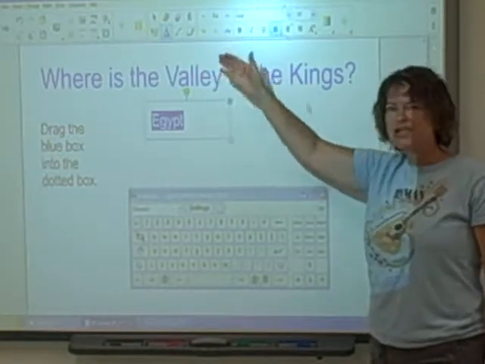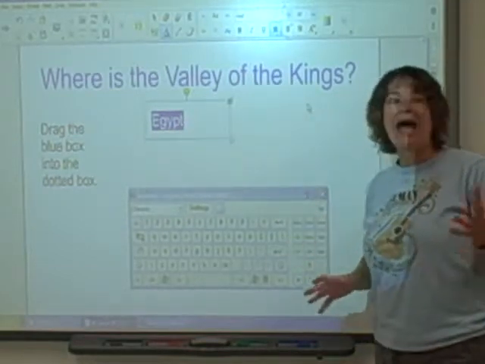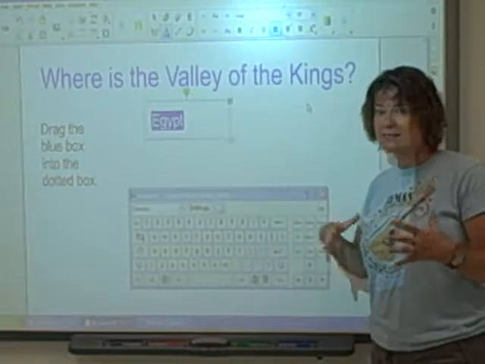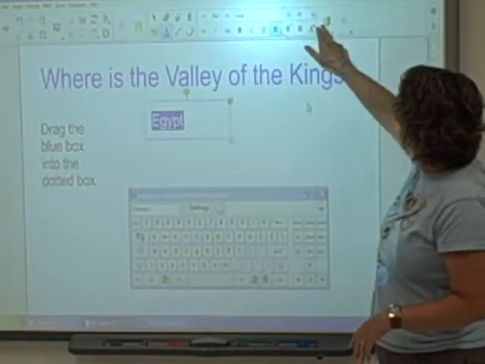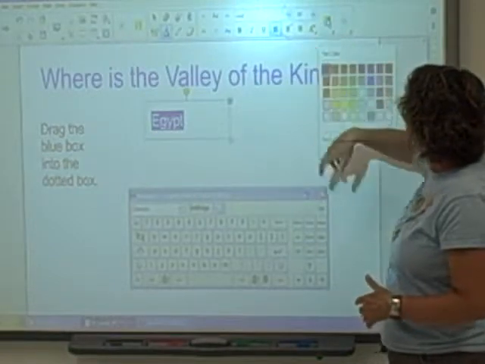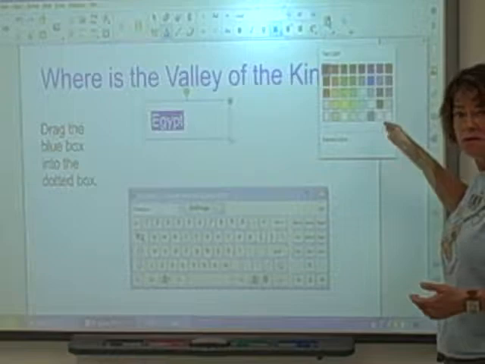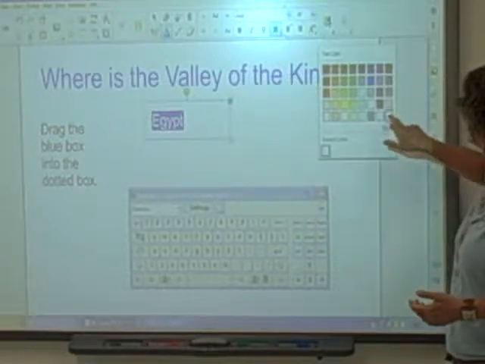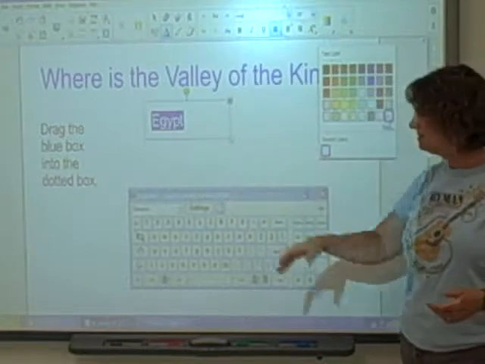I'm also going to change the color of my text, because remember, my text color has to be the same as my background so that it will seem to disappear. So I'm going to select the box of colors, and I'm going to select white, which is in the lower right-hand corner, so that my text is now going to be white.